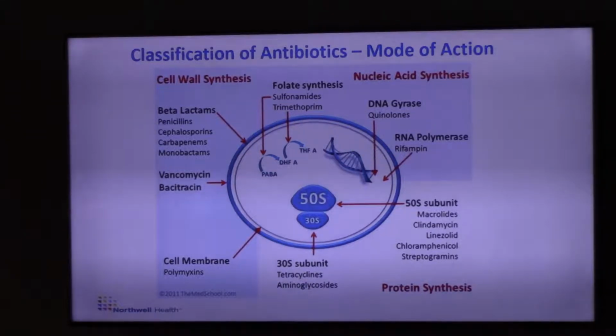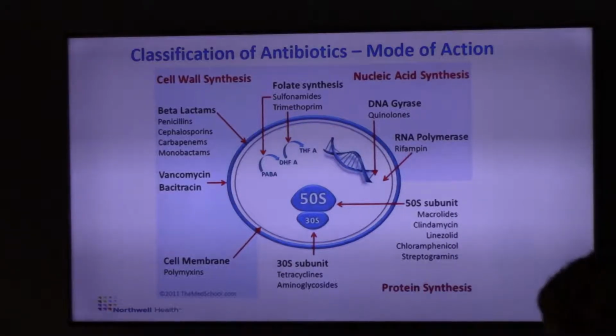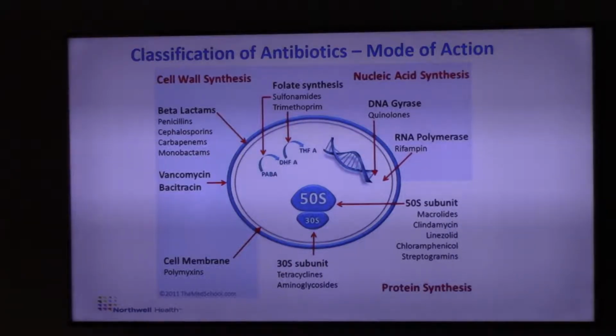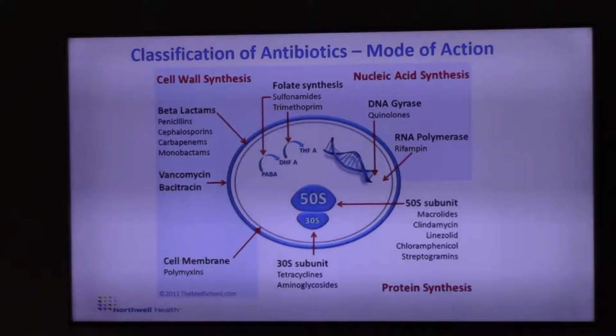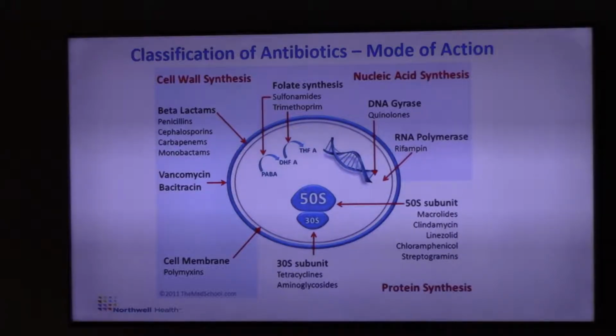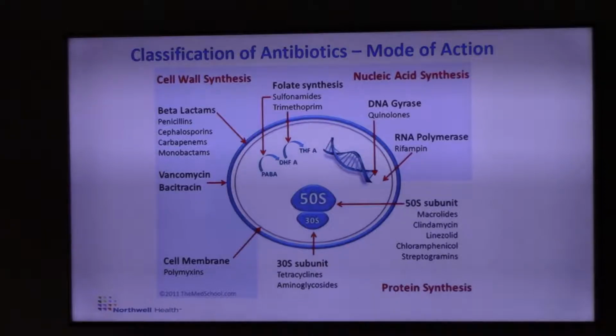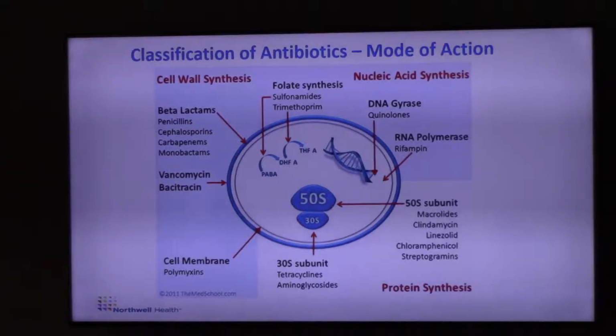Cephalosporins are ceftriaxone and, most commonly, cefazolin, which you see a lot in preoperative use. Carbapenems would be meropenem. The monobactam is aztreonam, which is restricted, usually for gram-negative coverage. It's a very specific use. Vancomycin again is a cell wall agent as well.